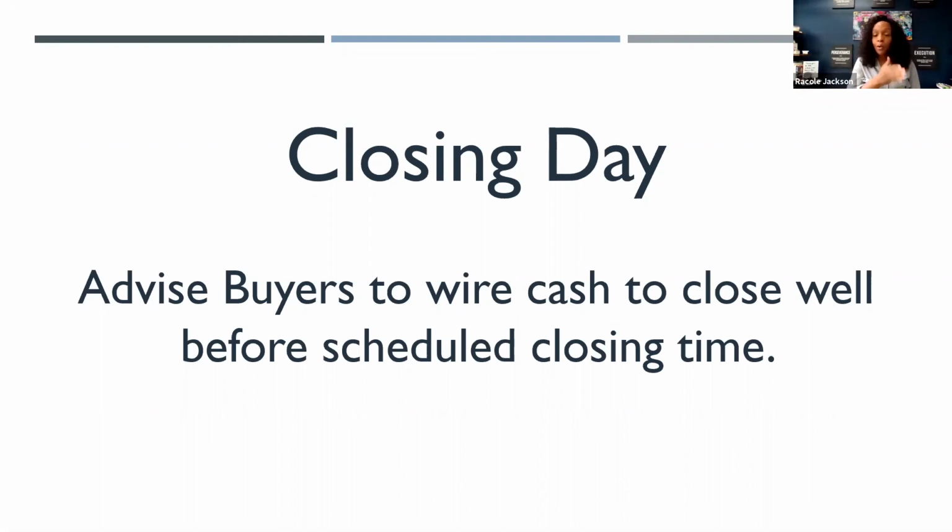Credit union wires go through at least 2 additional steps before they hit the title agent's account. Sometimes those wires can come through the next day. So if you don't want to be in one of those situations where you're saying, we didn't get funds, we're not funded, make sure that the wire is made in advance, right?